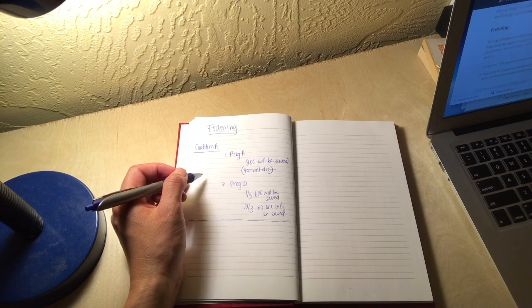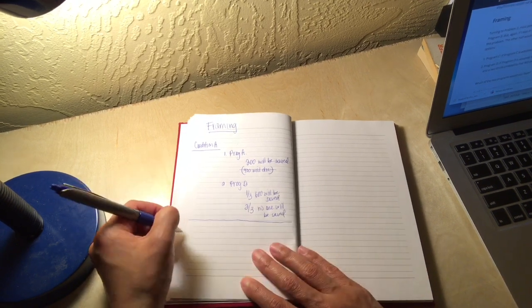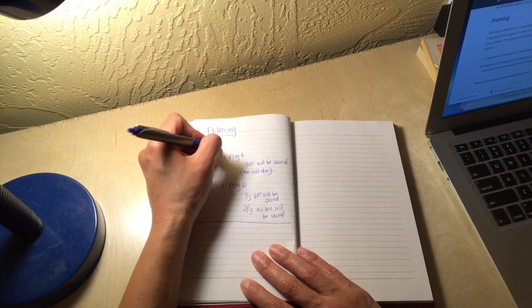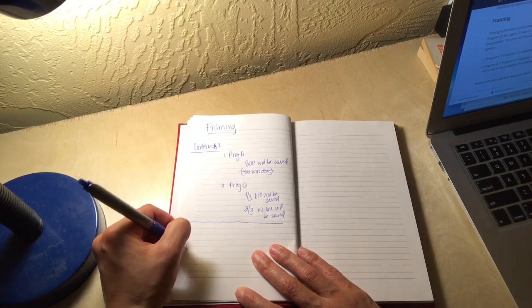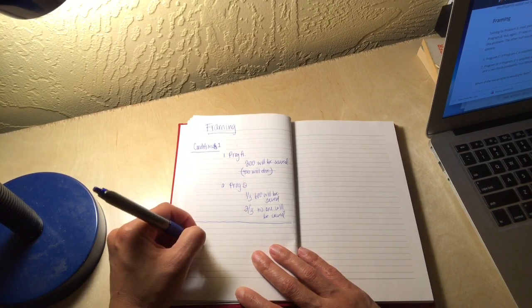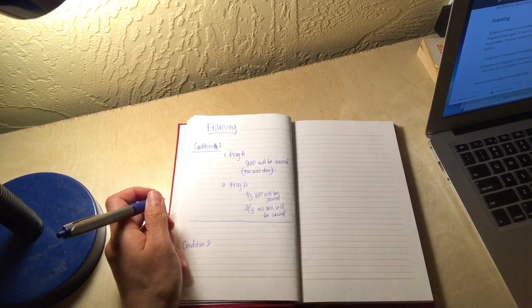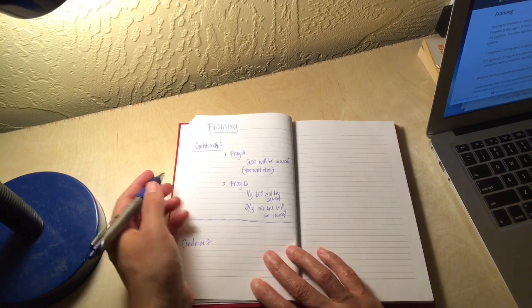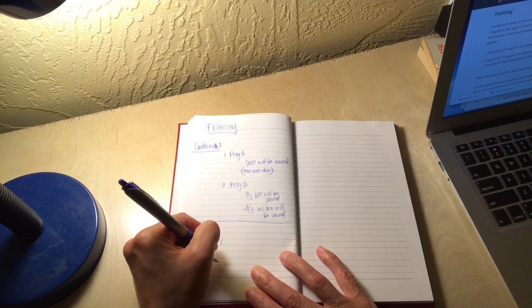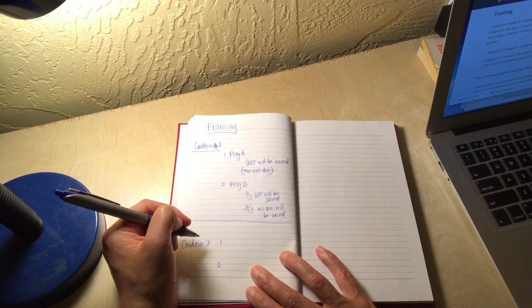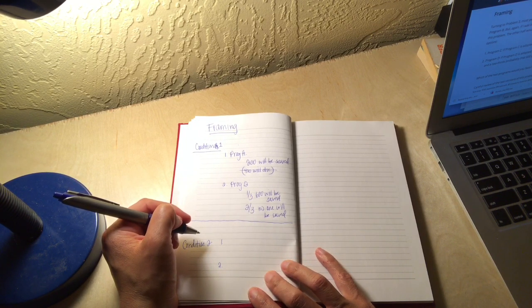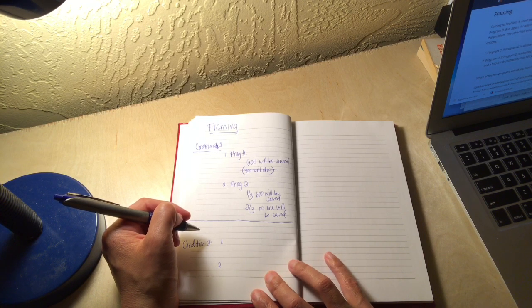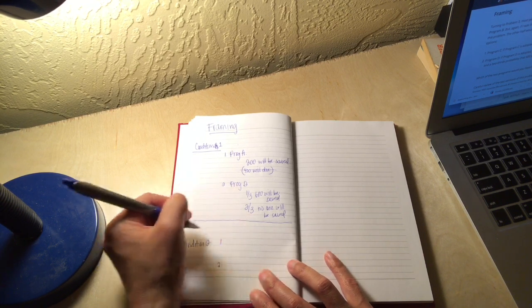Now, actually I should call this condition 1 since that's A and B. So condition 2, we have the same setup. United States is preparing for this unusual avian disease that could kill 600 people. And we have 2 programs to choose from.